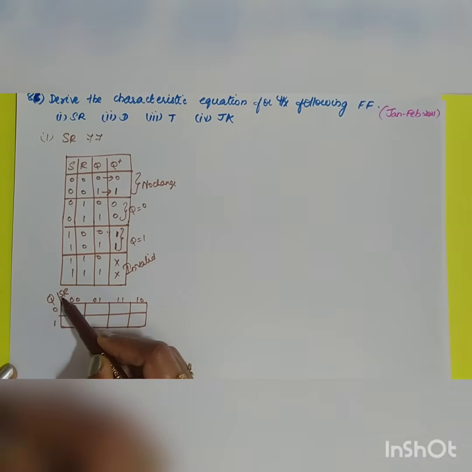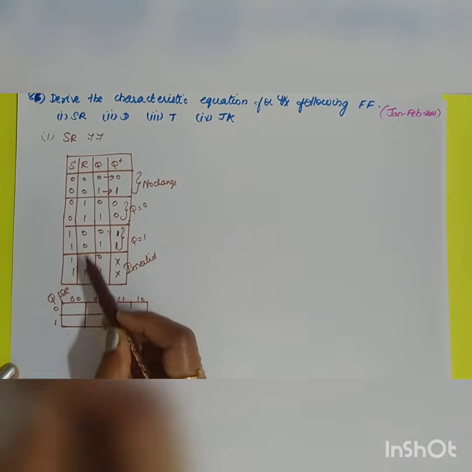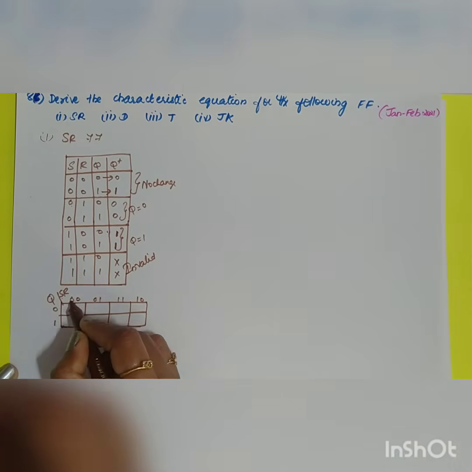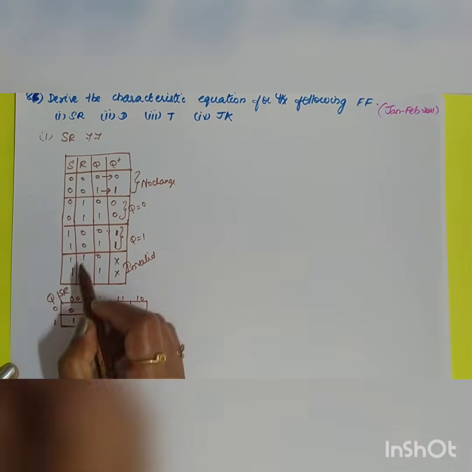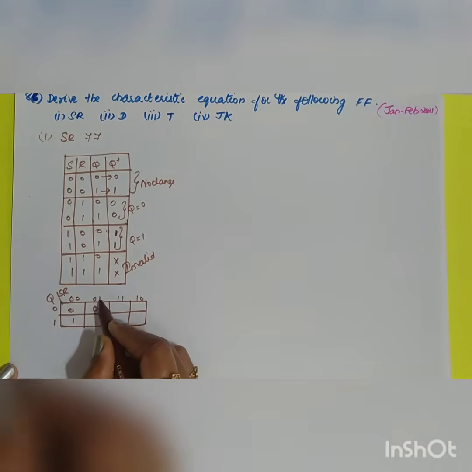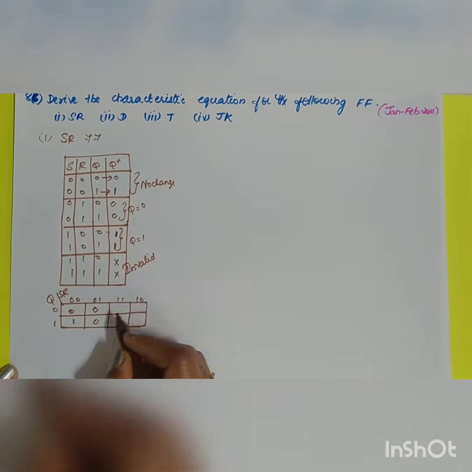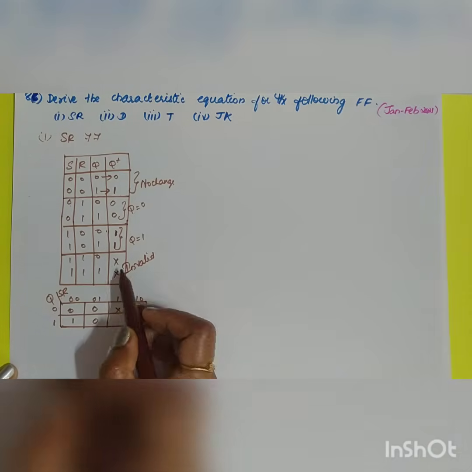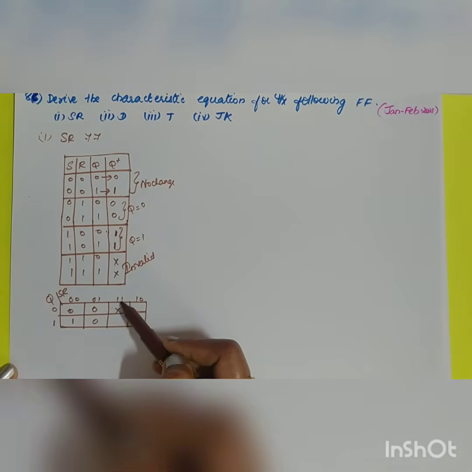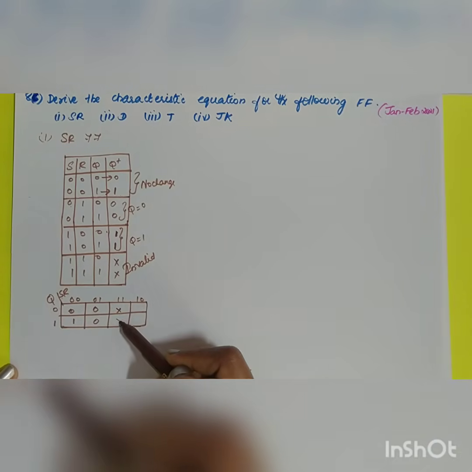For SRQ, 0 0 0, what is the value? 0. 0 0 1, what is the value? 1. 0 1 0, it is 0. 0 1 1, it is 0. 1 1 1, what is the value? Don't care.